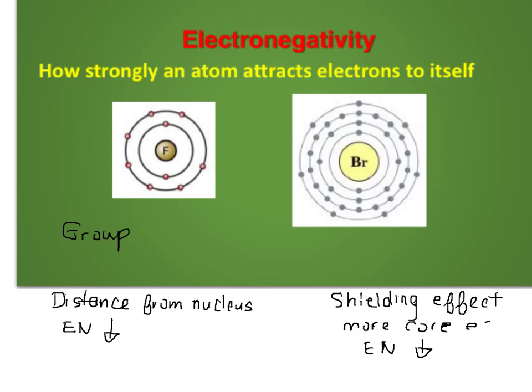So what do we see about electronegativity here? We see that within a group, electronegativity decreases as you go down the group. So that means fluorine will be more electronegative than bromine. It will have a stronger pull, a stronger attraction for electrons than bromine.